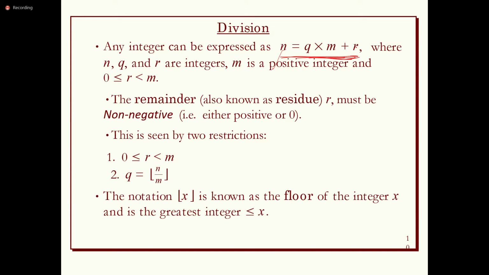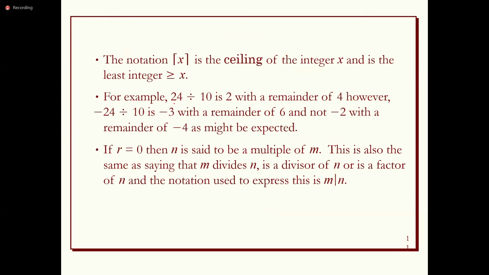Here the remainder is a non-negative value, the divisor is greater than the remainder, and the quotient should be the floor of n by m, where n is the dividend and m is the divisor. Normally, whenever we represent the division operation, the remainder should be a positive value.